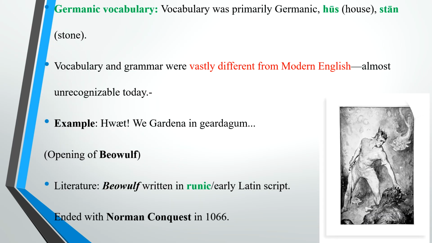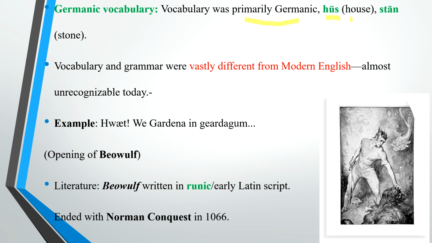As we know, the Old English language was primarily Germanic, so its vocabulary was also primarily Germanic. House, stone, these words are from the Germanic language, and the vocabulary and grammar were vastly different from modern English.